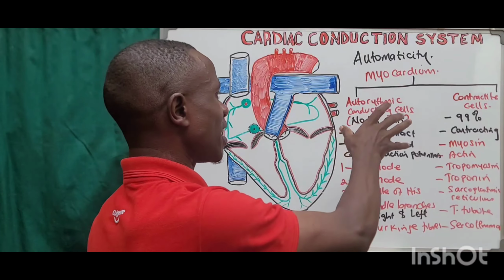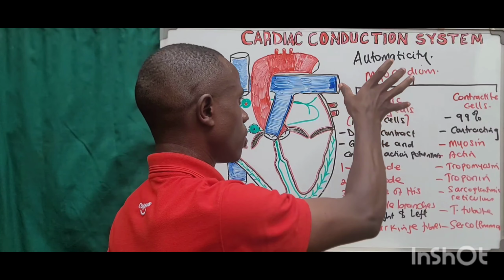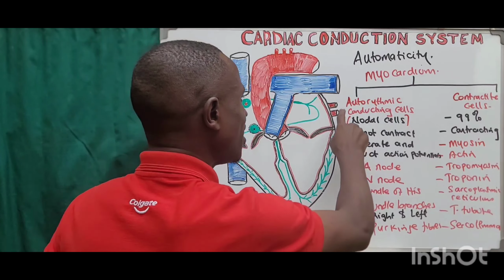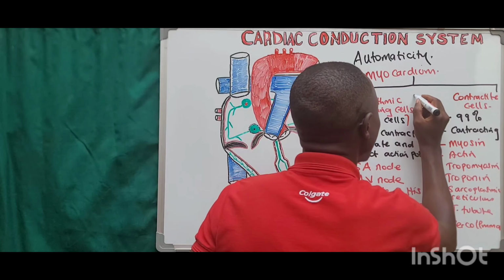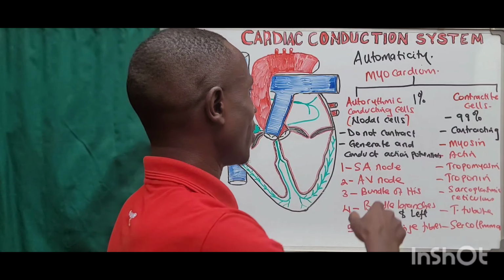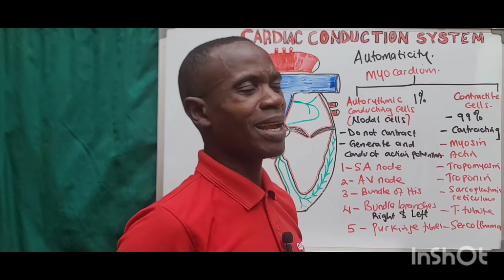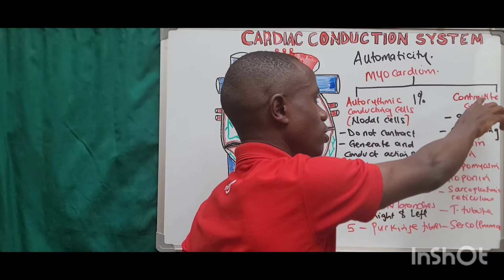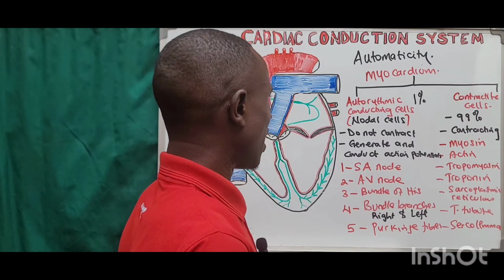So these are the two categories of cells that make up the myocardium. These autorhythmic conducting cells constitute only 1% of the entire myocardium, but the rest, 99%, are the contractile cells. It is another beautiful thing.